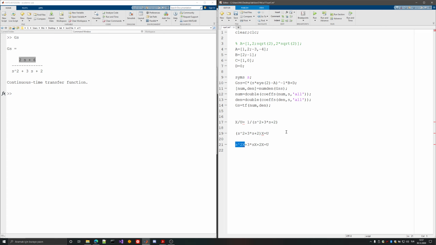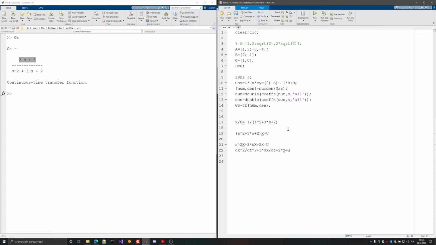Now this gives me a hint, because this is s times x. This is the second derivative, d squared x divided by dt squared, plus 3 times dx divided by dt, since I assume for transfer functions that the initial condition is 0, plus 2 times x is equal to u. Now at this point you have the differential equation back.